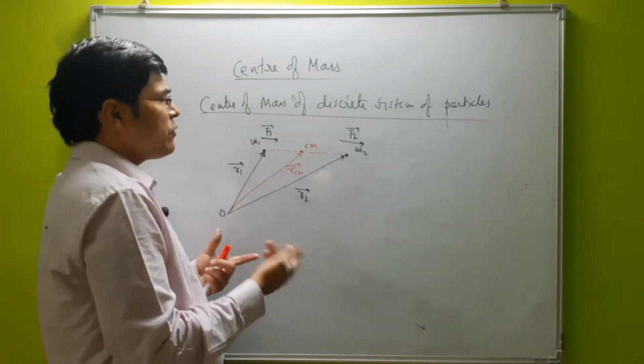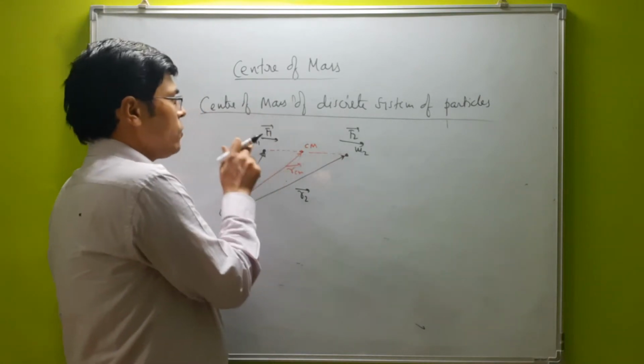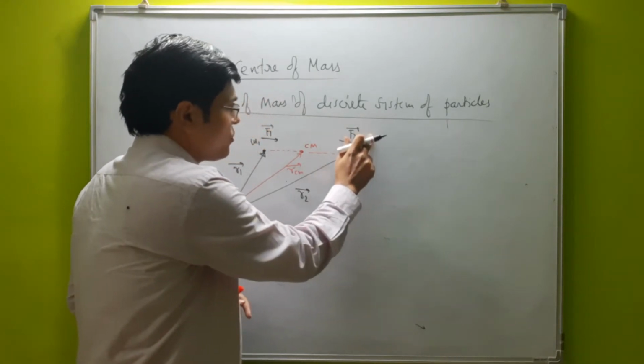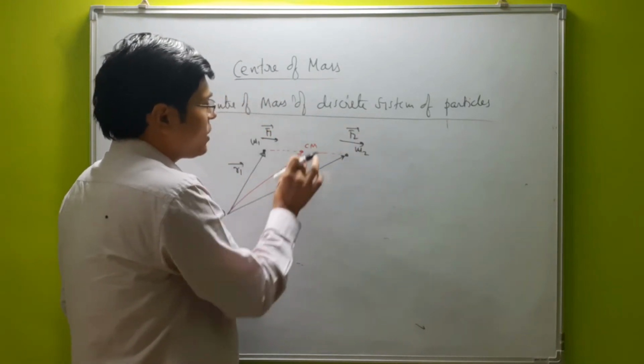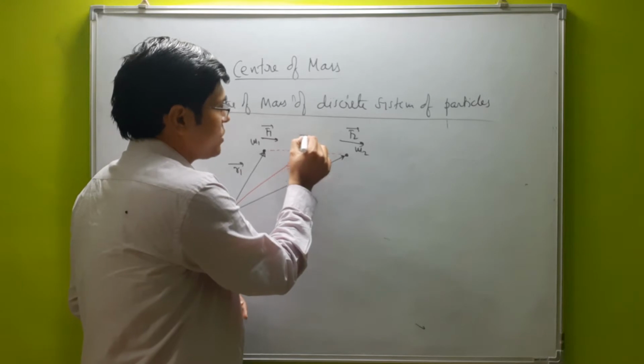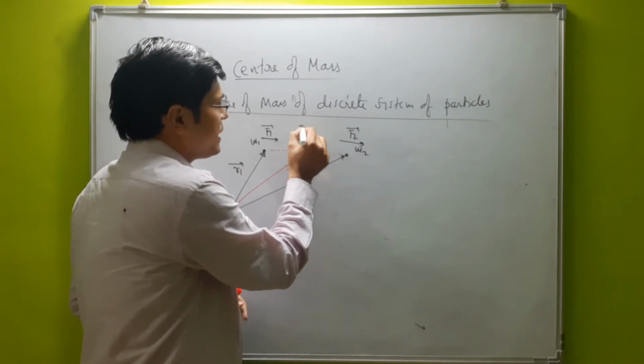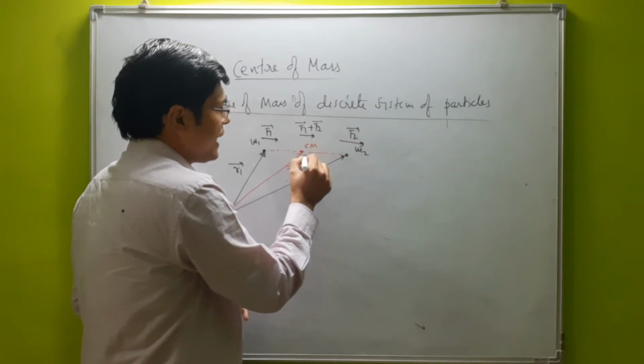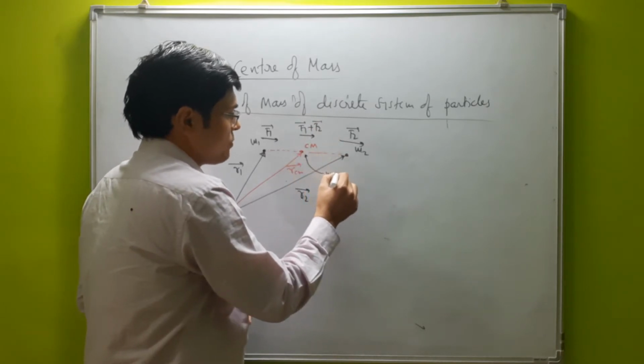Individually, on this particle F1 is acting and on another particle F2 is acting, so we can assume that on the center of mass the total force acting would be F1 plus F2, right? And here the entire mass would be m1 plus m2.